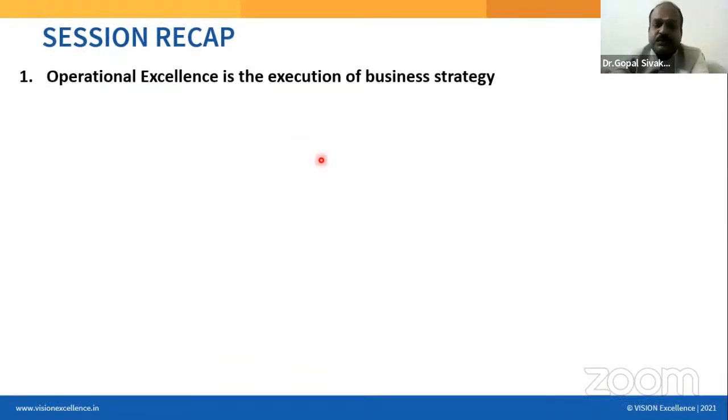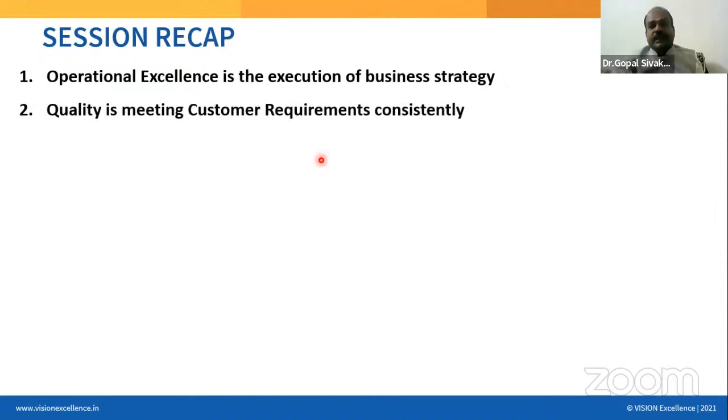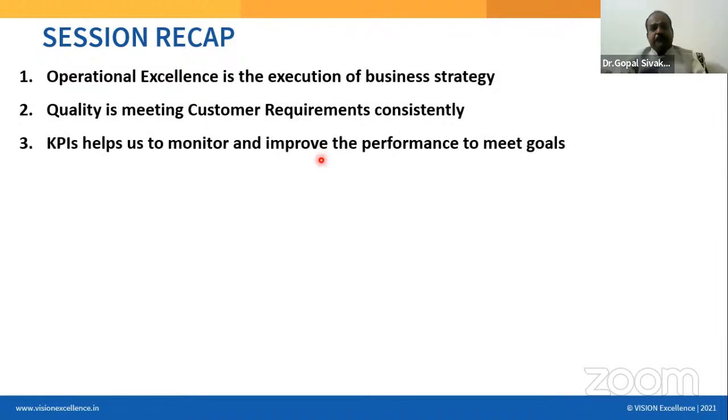Operational excellence is performing better than the competitor. Operational excellence is driving the business strategy consistently and reliably better than your competitor, and thereby you grab the market share, right? And quality is meeting customer requirements consistently.